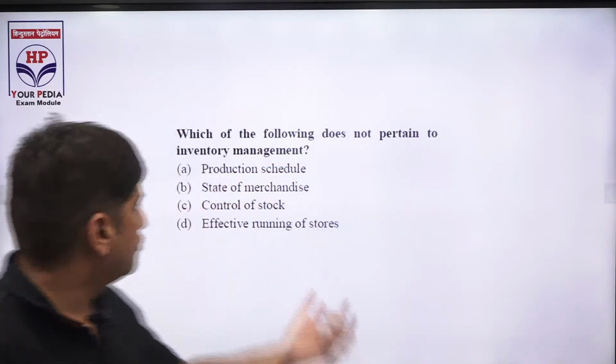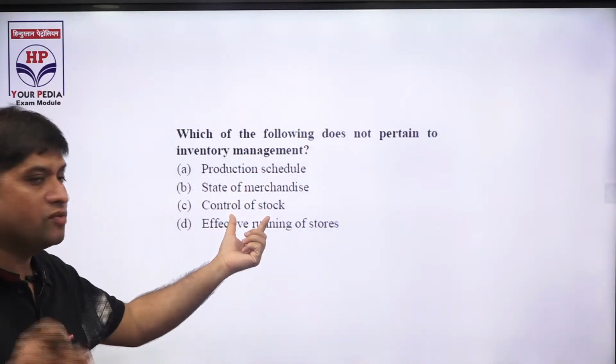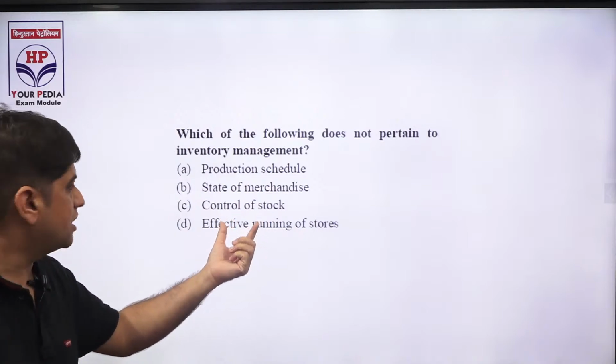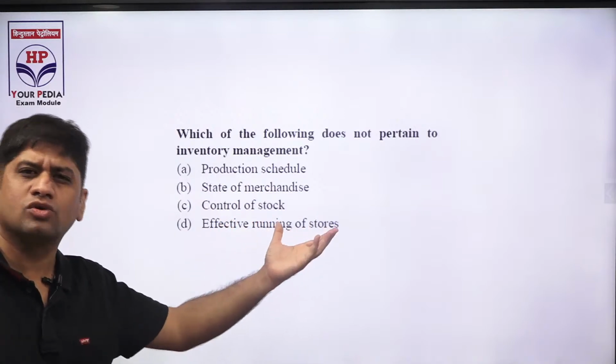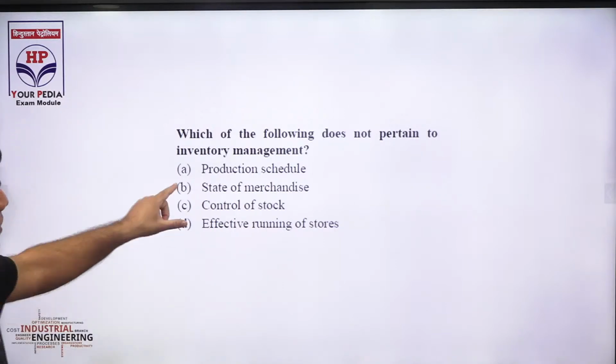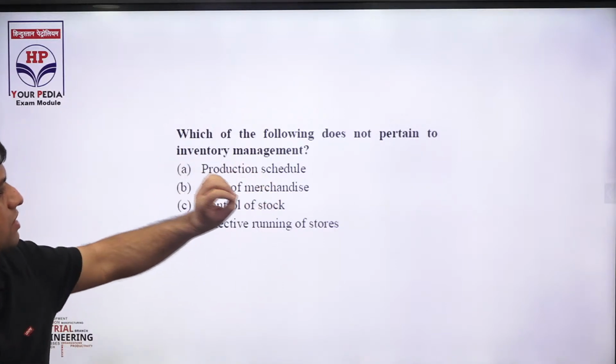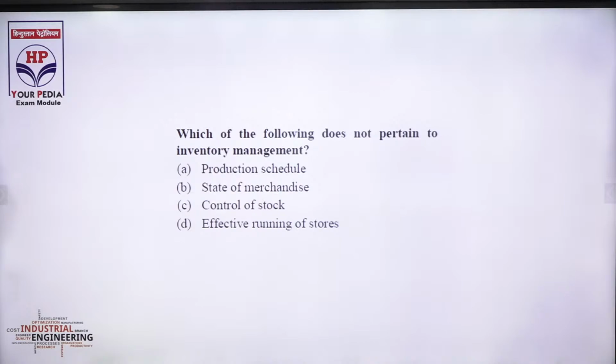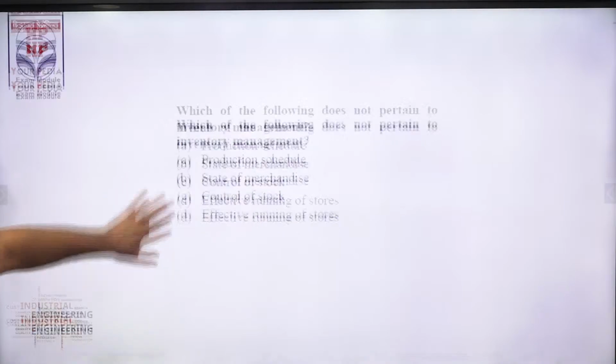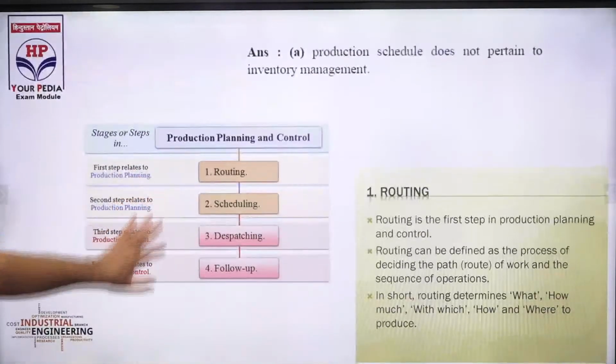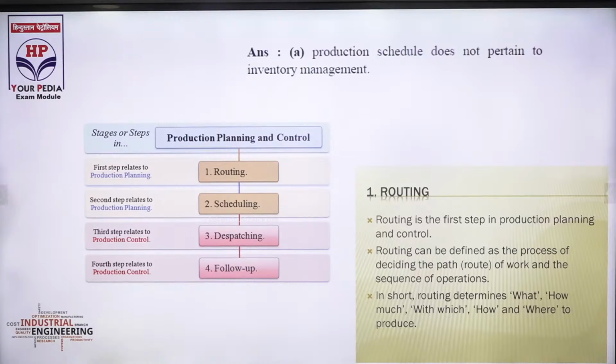I want to keep the merchandise, control that stock, and maintain it. Effective running of the stores is also part of it. So B, C, D are inventory management, but A, production schedule, is not. In fact, production schedule is a part of production planning and control.